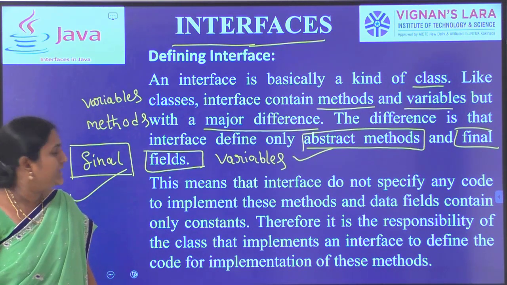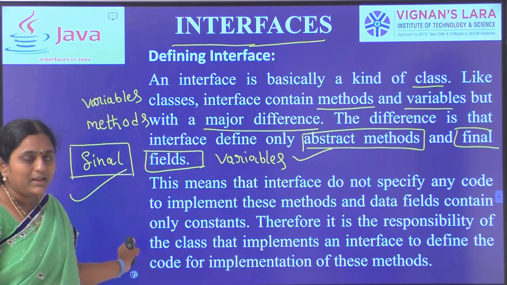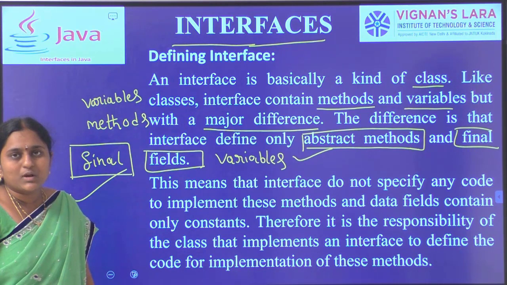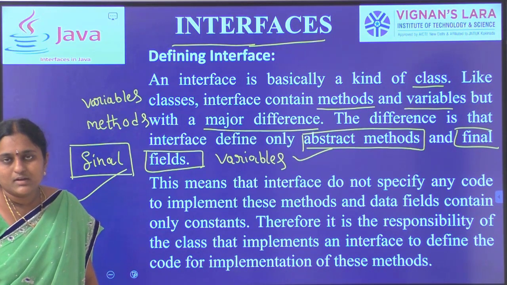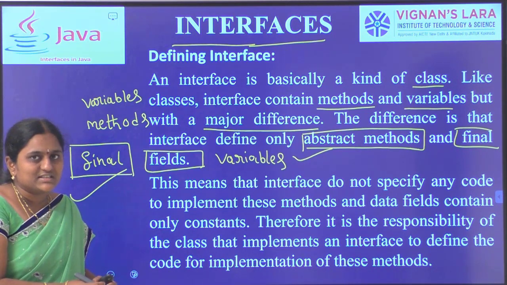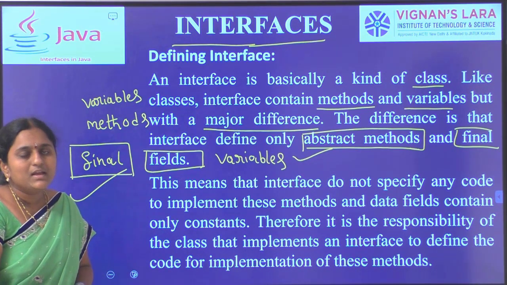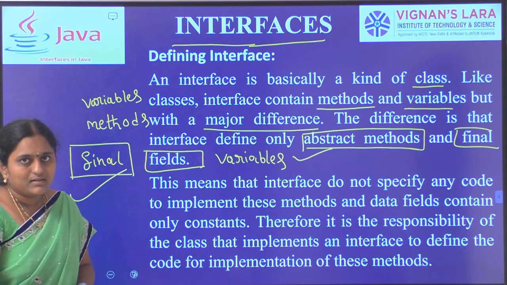Already you know that any variable can be defined as a final variable. It acts as a constant in Java. At the time of program execution, we can't change a final variable's value. Whenever we want to represent constants in our programming, we can declare a variable as final.